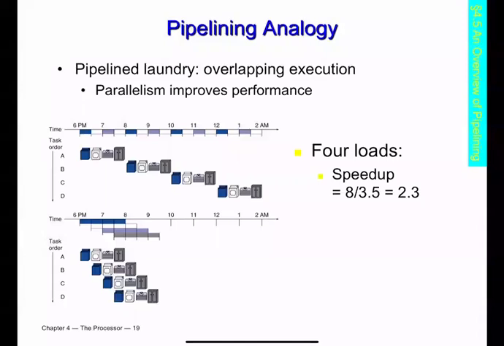So with this explanation, with the kind of pipelining implementation, we would see first how we can implement pipelines in a laundry, and then we'll see how we can apply this to our condition.